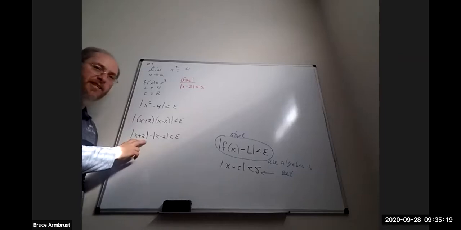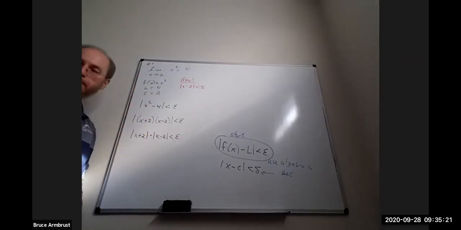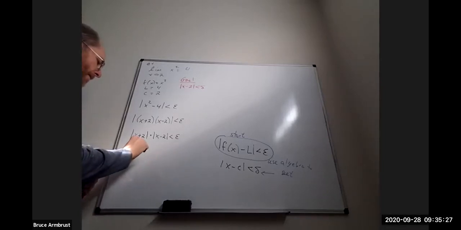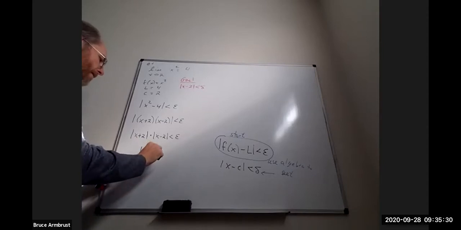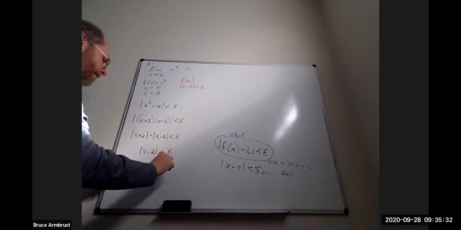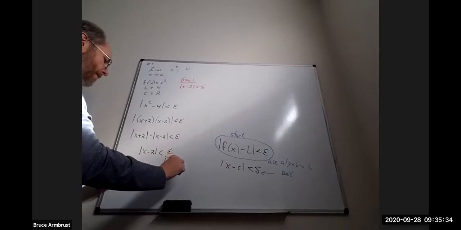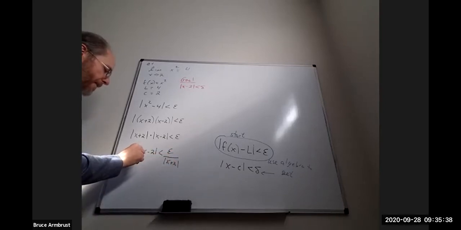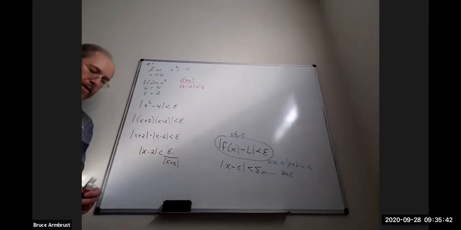But in general, that's a good idea. Just keep the absolute value. All right, so now if we were to divide by that, we now have our absolute value of x minus 2 like we wanted, and all this other stuff.